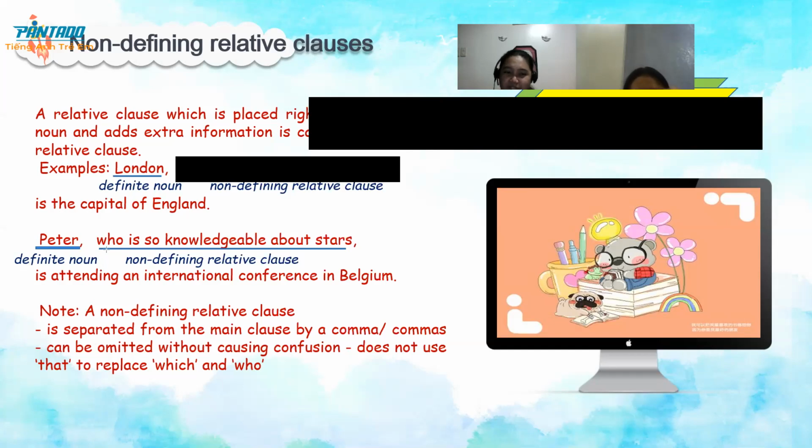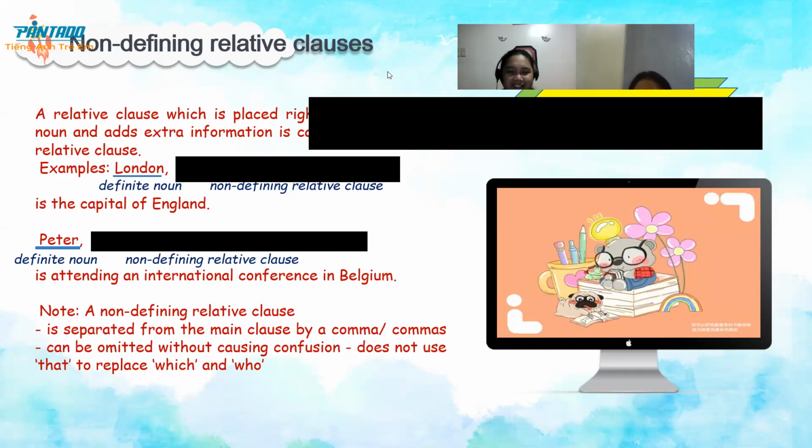Another one: Peter, comma, who is so knowledgeable about stars, comma, is attending an international conference in Belgium. If we omit this relative clause, it will make: Peter is attending an international conference in Belgium.